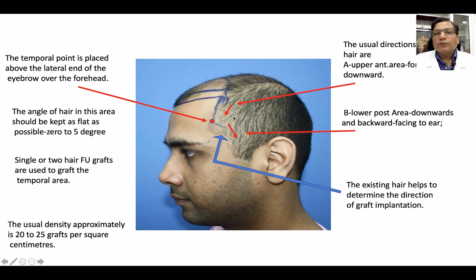So be careful, understand the aesthetic importance of the temporal triangle, and what and how much reconstruction should be done depending on the available number of grafts. If you are not sure, it is better not to do it.